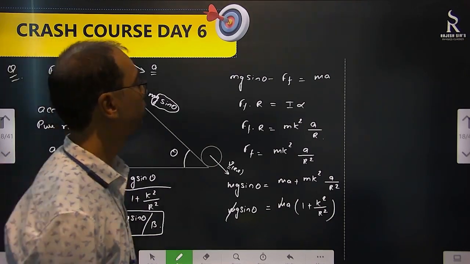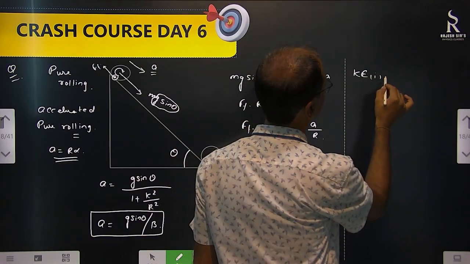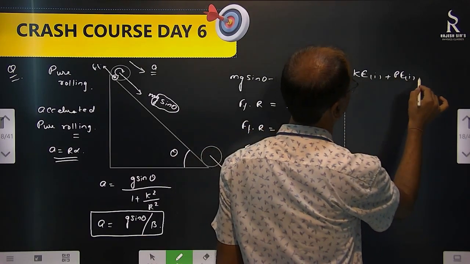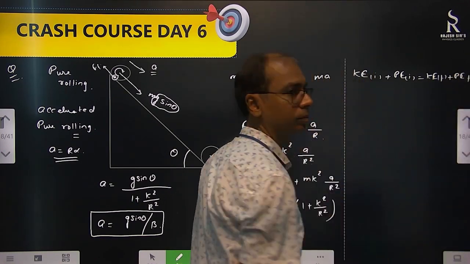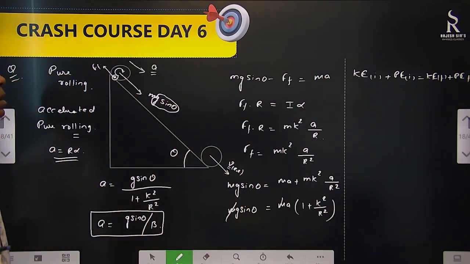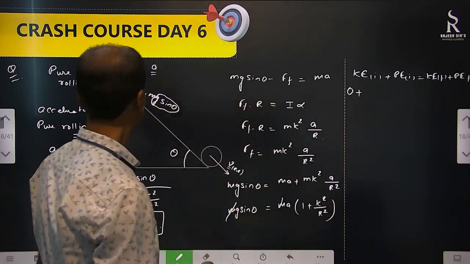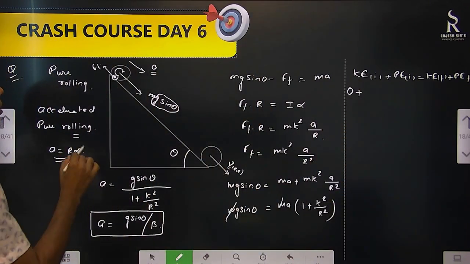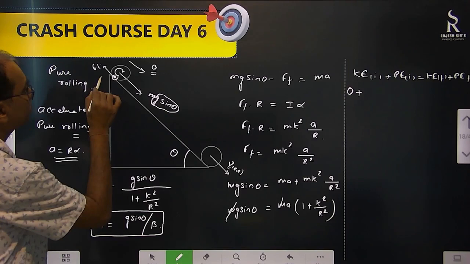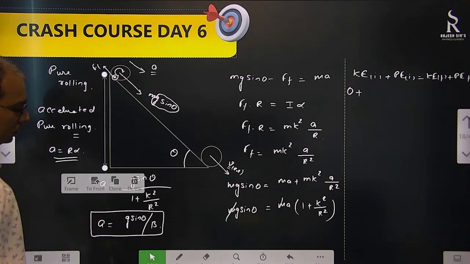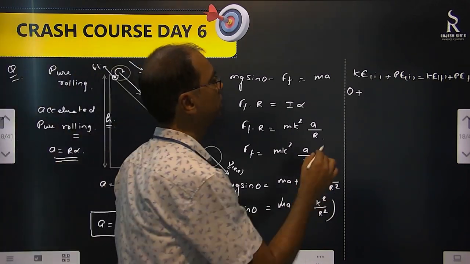So if we use conservation of energy, what is it saying? Kinetic energy initial plus potential energy initial equal to kinetic energy final plus potential energy final. Kinetic energy initial here is 0. Taking the height as H, potential energy is mgh.